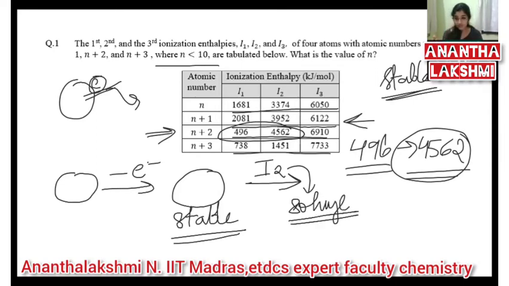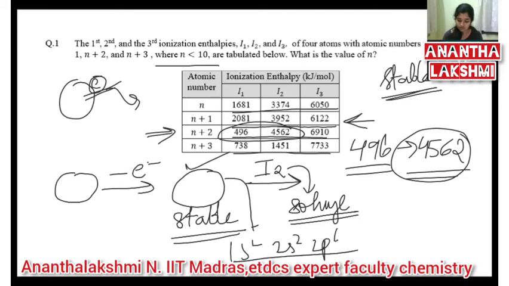So we know from structure of atoms, for this to be stable, its configuration should be 1s2, 2s2, 2p6, where every orbital is fully filled, which means 10 electrons is the stable configuration. So before losing this one electron, it should have been 11 electrons.